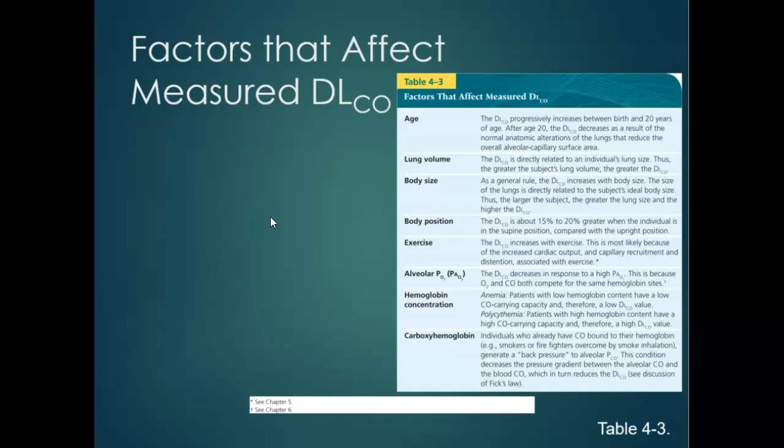More hemoglobin: if our hemoglobin level is high, then the gas binds to the hemoglobin, thus we'll have a higher carrying capacity and a higher diffusion rate. And then carboxyhemoglobinemia happens when patients already have carbon monoxide bound to their hemoglobin. This decreases the pressure gradient and then reduces that DLCO level.